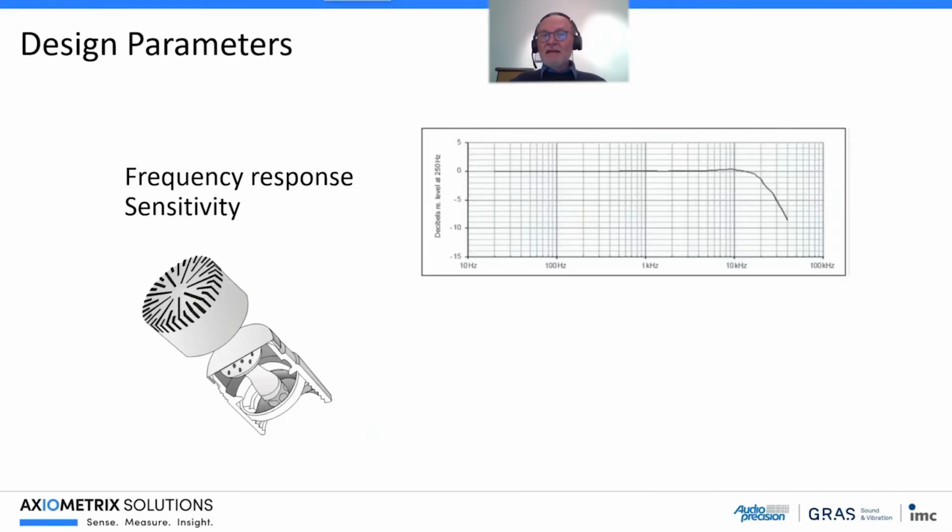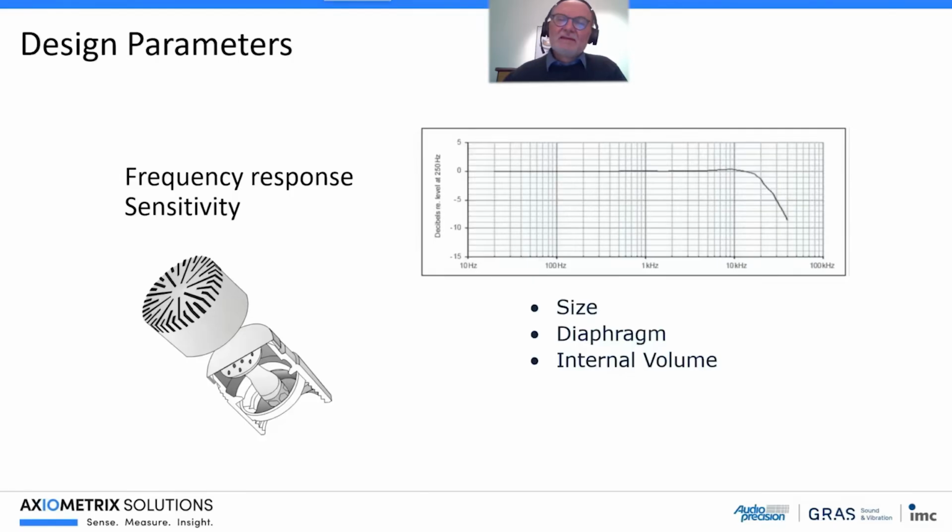If we look at the design parameters, we have to look at frequency response and also at sensitivity. Both frequency response and sensitivity have something to do with the size of the microphone, the diaphragm of the microphone, and also the internal volume.